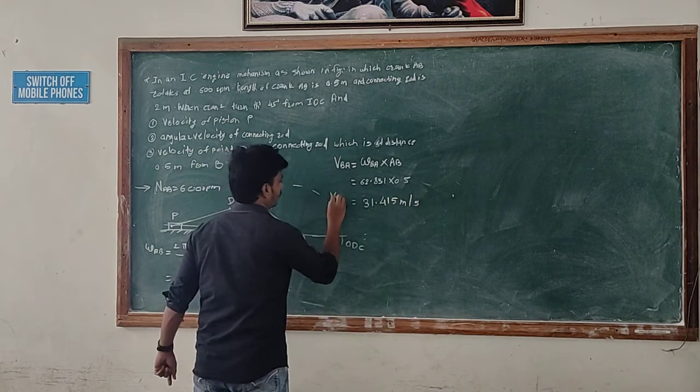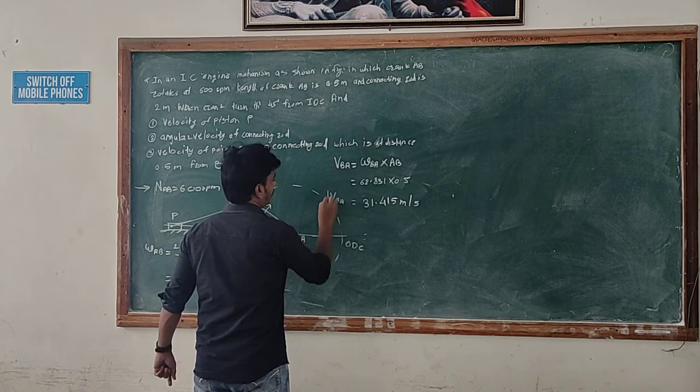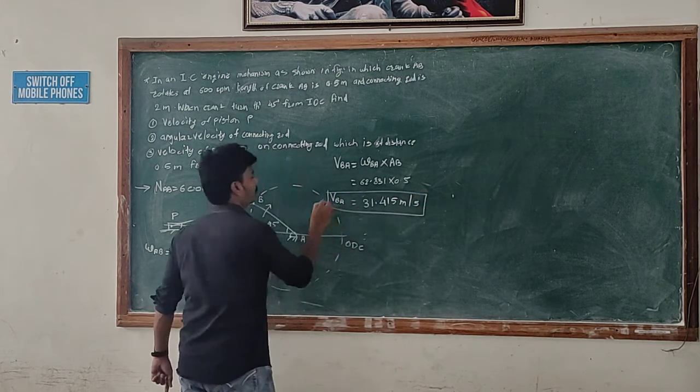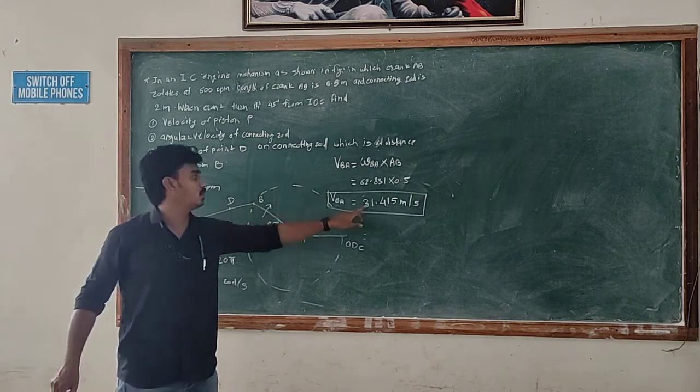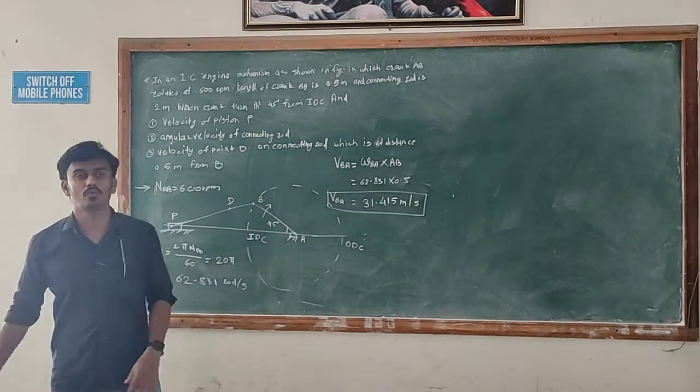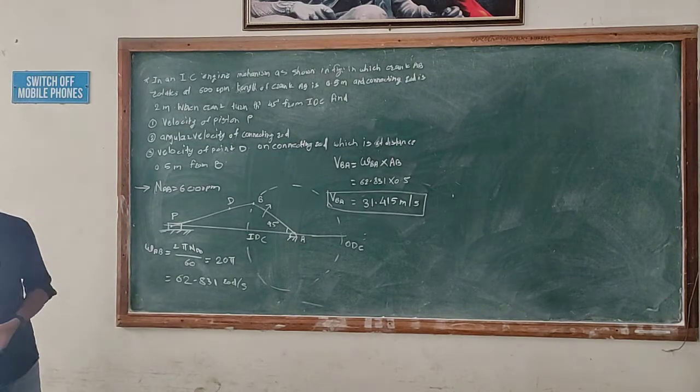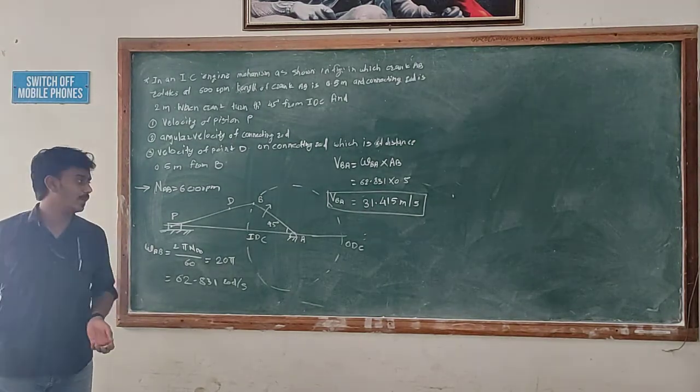The velocity of the link AB, that is the linear velocity of point B with respect to A, is 31.415 meter per second.